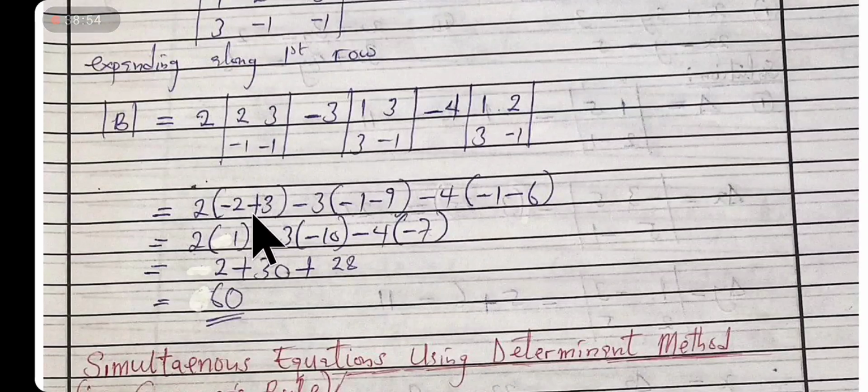So minus minus is plus, that's why we have plus 3 here. Then minus 3, 1 times minus 1 is minus 1. Minus 3 times 3 is 9. So minus 4 is what we brought down here.